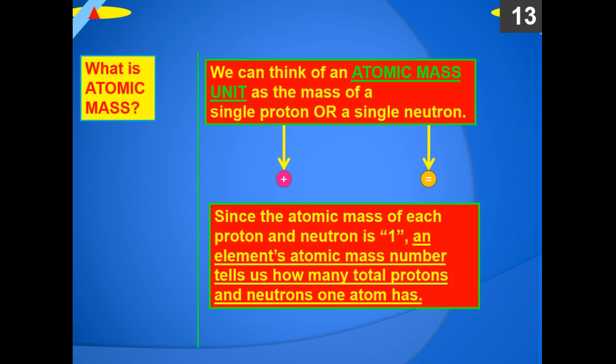Another example, oxygen. Oxygen has 8 protons and 8 neutrons. That's a total of 16 protons and neutrons. And therefore, oxygen has an atomic mass of 16. 8 plus 8, 16. So the atomic mass tells you both the mass of the atom. It also tells you how many protons and neutrons it has.